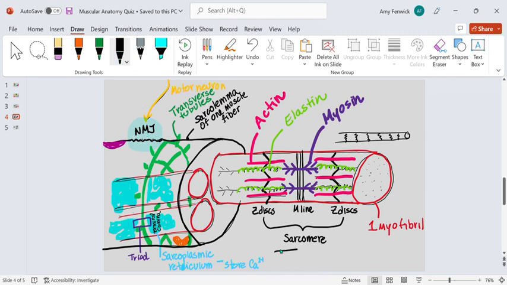When these contract, they will pull on the sarcolemma, which will pull on the endomysium, which will pull on the perimysium, which will pull on the epimysium, which will then pull the tendon connected to the bone, creating the action of movement.